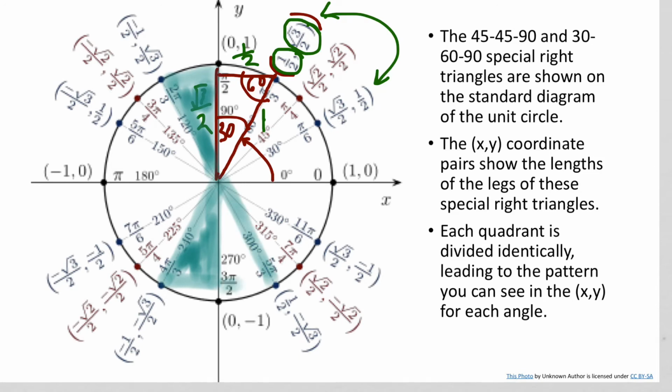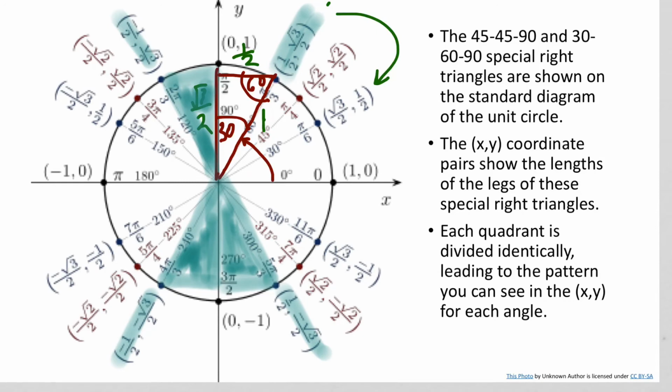I'll also get this one here, and if you look at the coordinates, you can see that they only differ in the signs relative to which quadrant they're in. The same is true with the other 30, 60, 90 triangle in the other orientation. Okay? So you can see that pattern there.